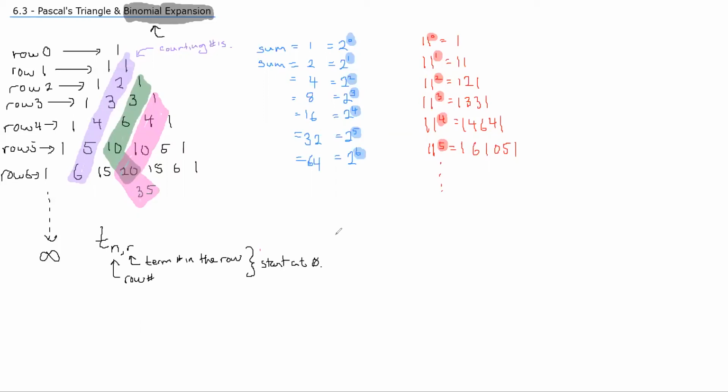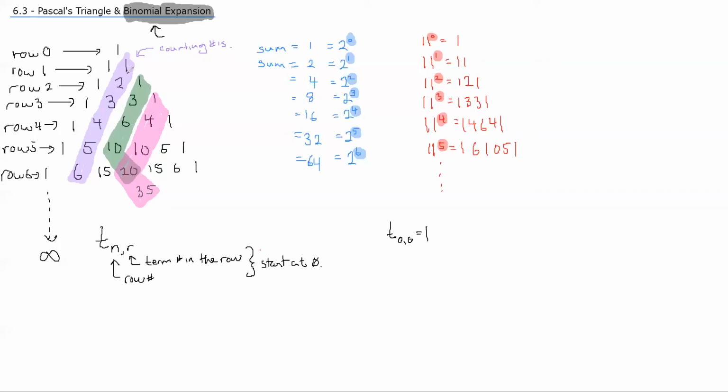What do I mean by that? I'm going to take Pascal's triangle on the top left and convert it into the bottom right. Let's see if you can do that with me. Can you do that as an exercise? The first value is in the 0th row, and it is the 0th term. So t0,0 is referred to as 1.